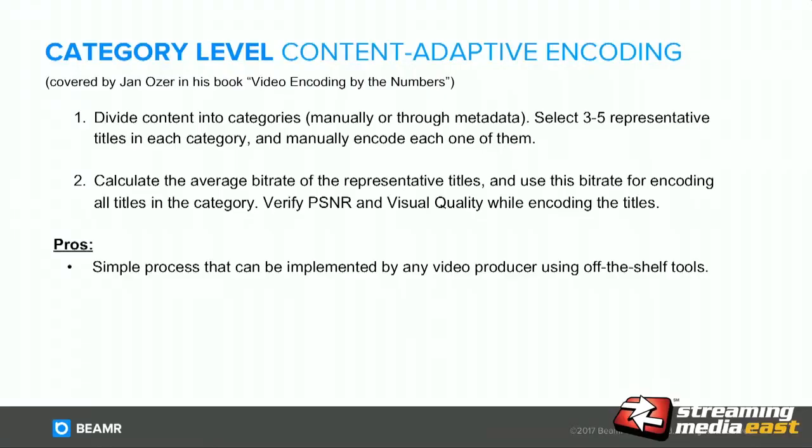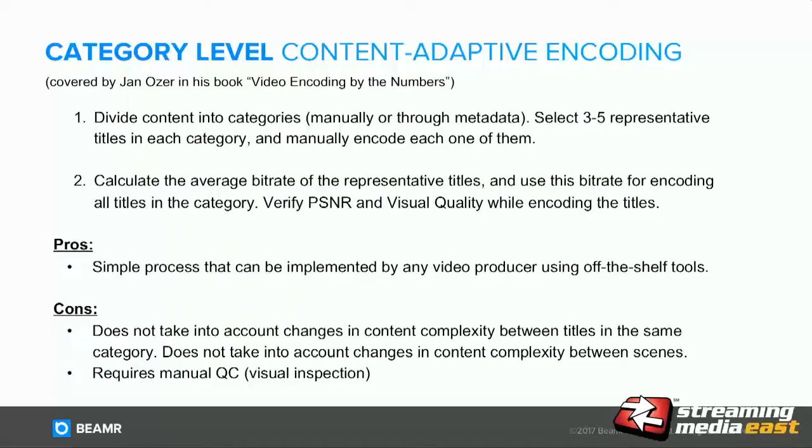So this obviously does give you some benefit because it's very clear that the needs of an action movie, where in certain scenes literally every pixel may be in motion, are very different than a drama or a slower moving video. So that's definitely a pro.